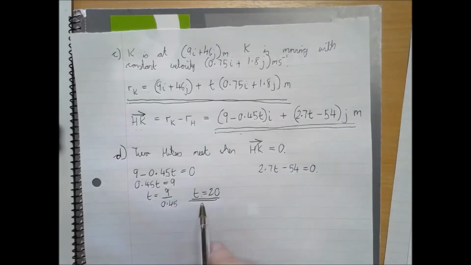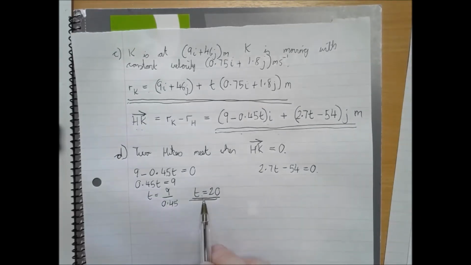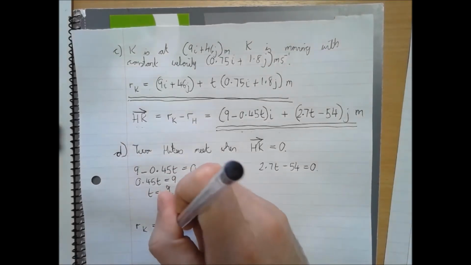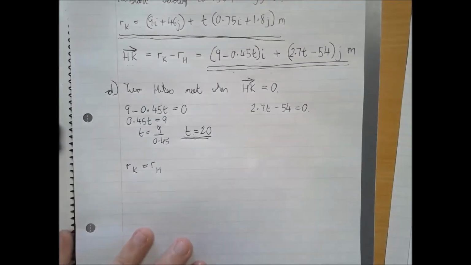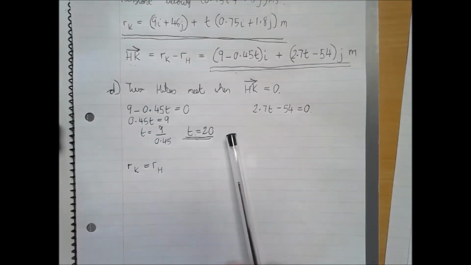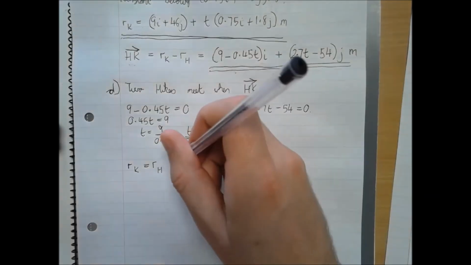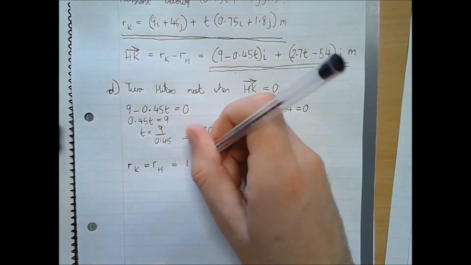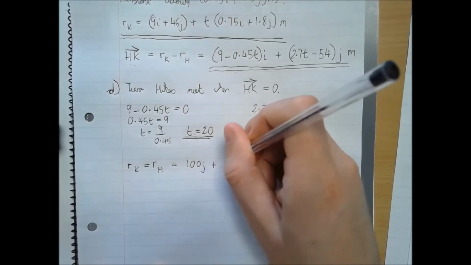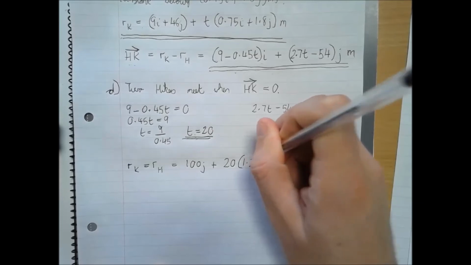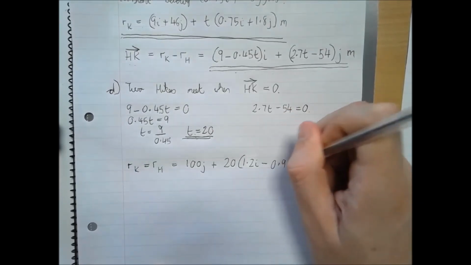So we've got our value for t, and it's up to you how you do this. We know that rK will equal rH because they're meeting at that point. So you can either plug this 20 into your equation for rH or your equation for rK. That's absolutely up to you. If I plug into rH, we're going to have 100j plus 20(1.2i minus 0.9j).